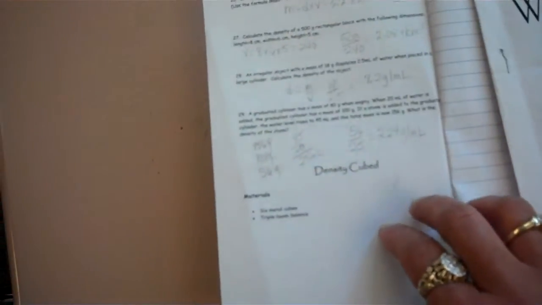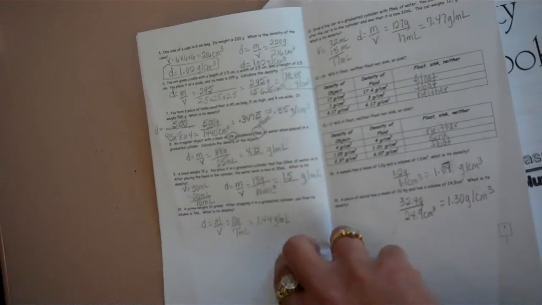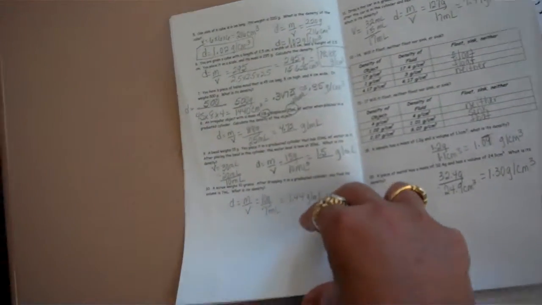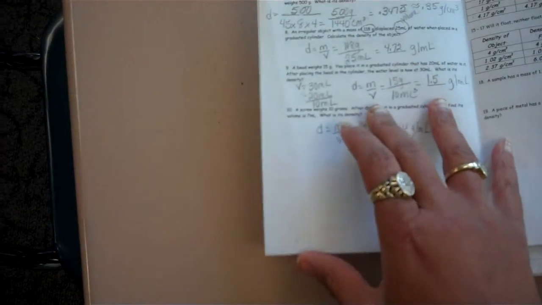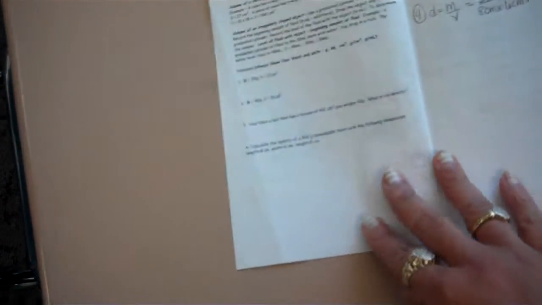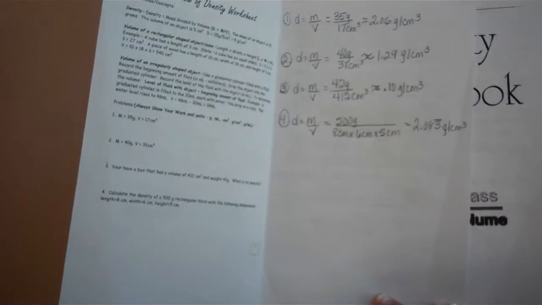So I'll just flip through the pages in case you don't have yours done with a copy. I'm going backwards on the pages. We did that together in first quarter.